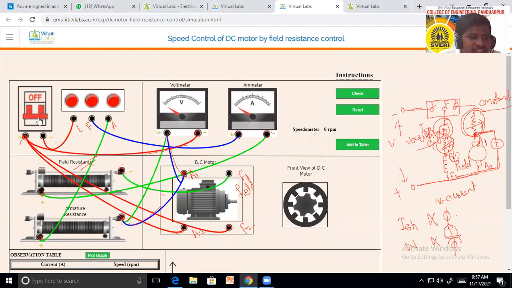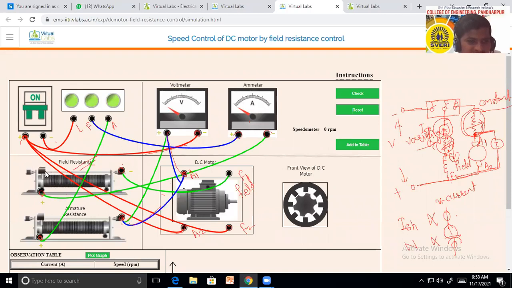Just switch on this MCB. I will switch on here, and here. Now these LEDs are glowing green. Okay, now these are at normal condition. Now I am varying the field resistance.